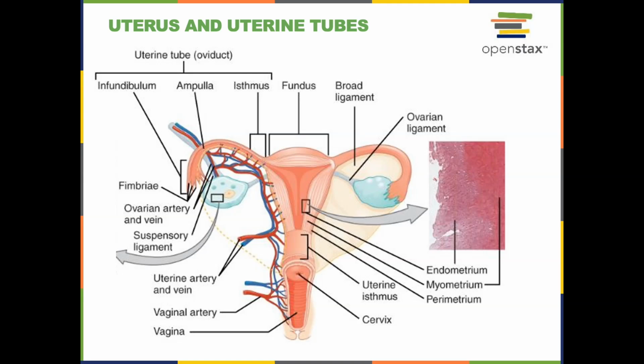The major regions of the uterus include the body of the uterus, which is the large central compartment, and the fundus of the uterus, the superior end of the uterus, just superior to the openings of the uterine tubes. Then the inferior narrow region of the uterus is known as the cervix that connects to the vagina.